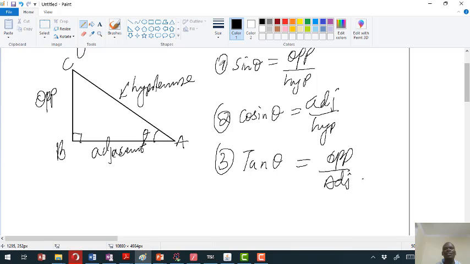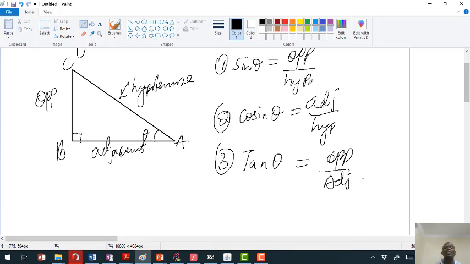Now, these three ratios are very, very important. I want to show you how to memorize them, because they might really confuse you as to which one comes on what.